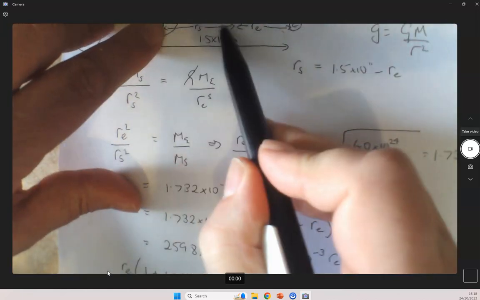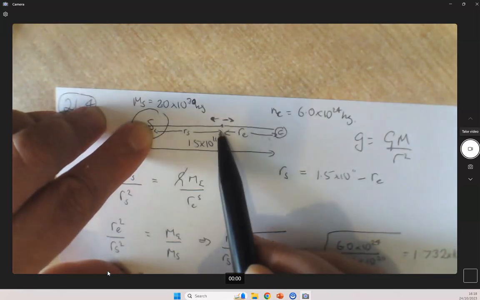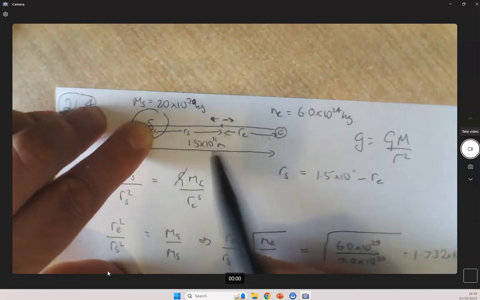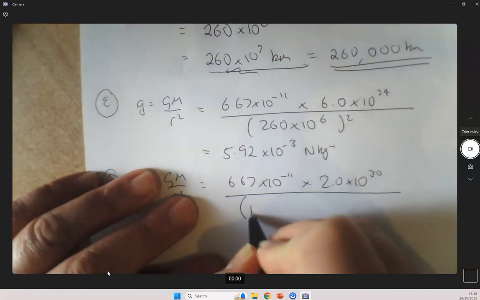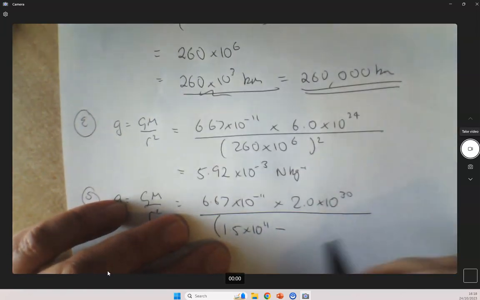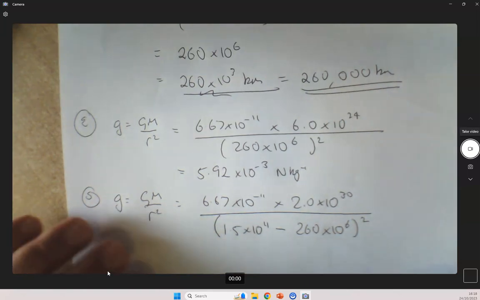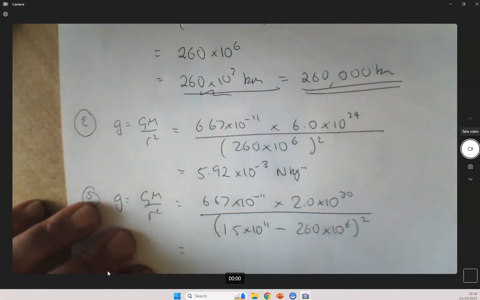Divide that by, now I want the distance from there to there, so I'm going to have to do 1.5 times the orbital distance less RE. So I've got 1.5 times 10 to the 11 minus RE, which is 260 times 10 to the 6, and then I've got to square that.